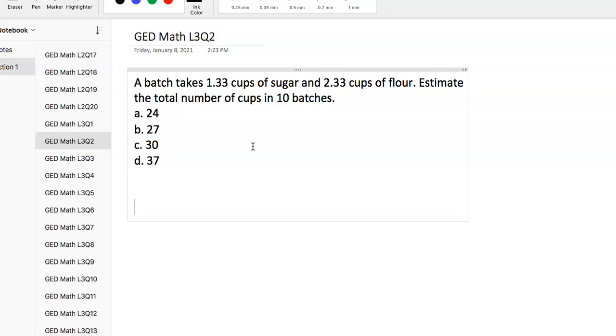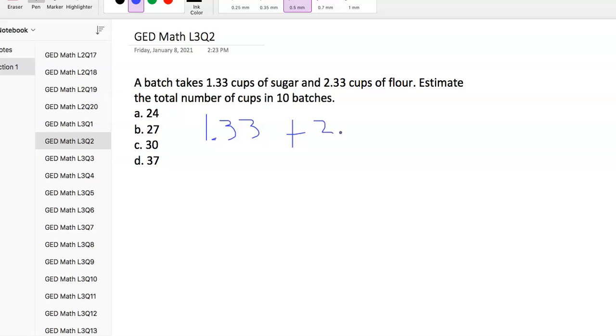A batch takes 1.33 cups of sugar, 2.33 cups flour. Estimate the total number of cups in 10 batches. Okay, so all you're doing here is 1.33 plus 2.33 equals 3.66.